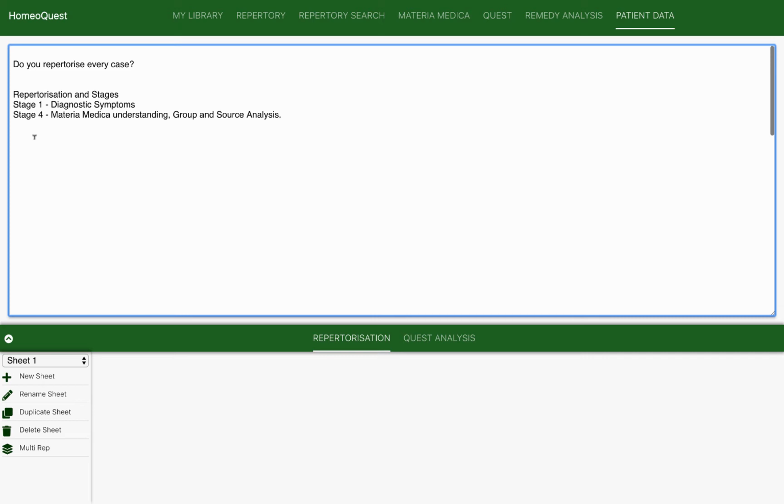So whenever you have a case which is a clear cut case where you can understand that patient based on your materia medica knowledge or your group analysis or your source information, you find those connections with that information, you do not need to repertorize. You can use repertorization as a confirmation, but you can very well prescribe wonderful remedies just based on that information. So those are the two types of cases I do not.